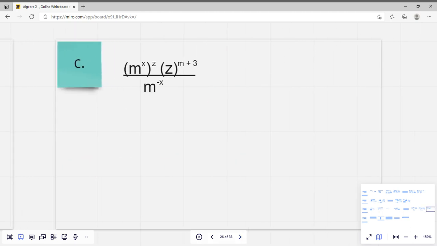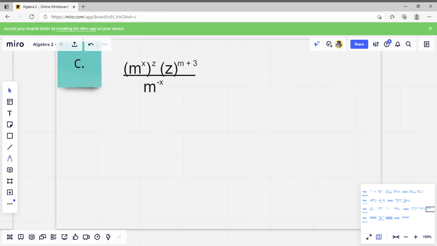Okay, this one, we're going to multiply. So I got m, x, z, m plus 3. So here we need to do plus x, and then here we need to do plus x.